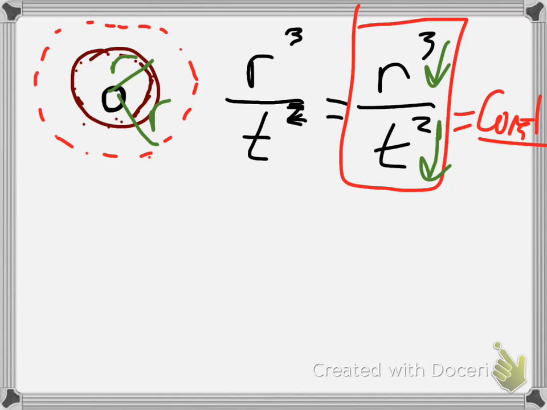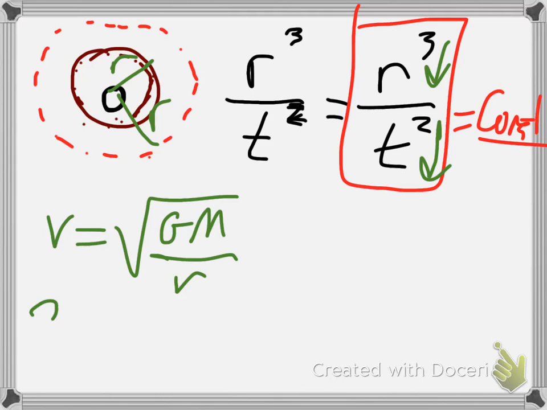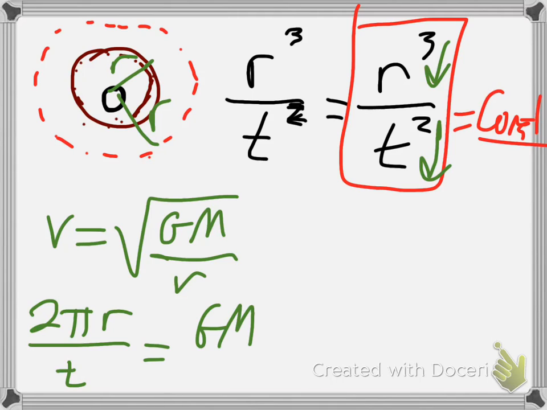If you want to do it a different way, you can take your conservation of energy or your escape velocity formula, that velocity equals the square root of g times the mass of our rotating object divided by the radius, and you can convert that velocity to 2 pi r over t equals the square root of g times the mass over r.